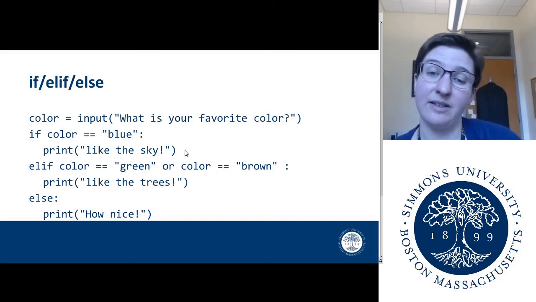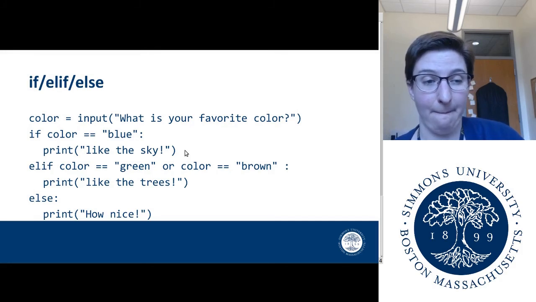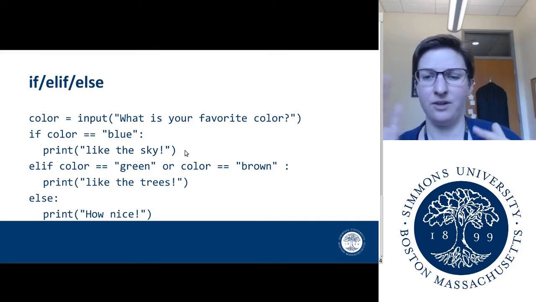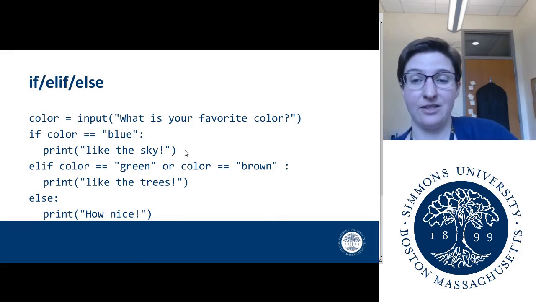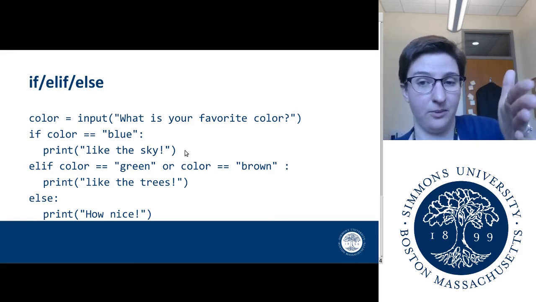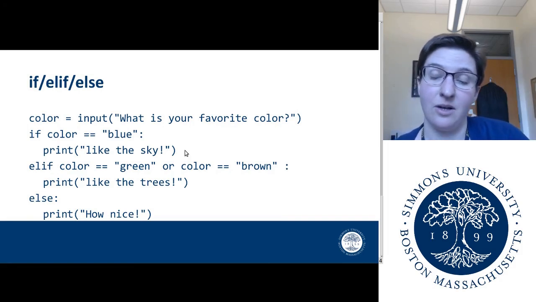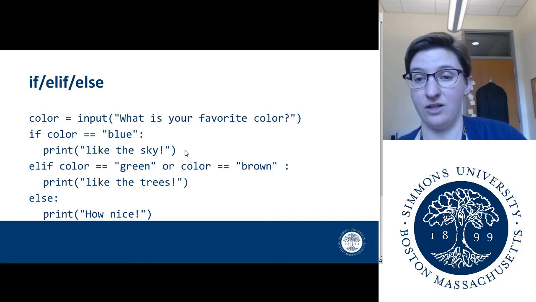And in fact, if I wanted to print something else, like print like the sky, and then on the next line print or the ocean, I could do that. I just have to make sure that print line was also indented and lined up with the one about the sky. So Python uses indentation to group things together.